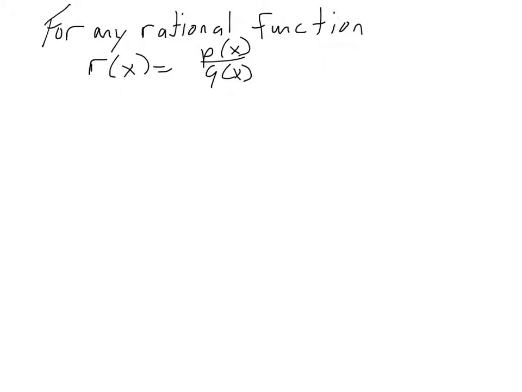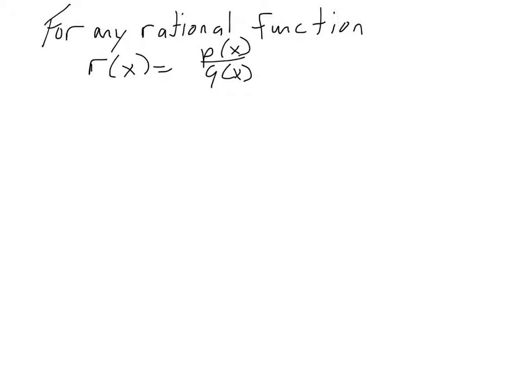Think about this. If p of x increases faster than q of x, what do you think is going to happen as we go to infinity? If the numerator is outgrowing the denominator, what's going to happen to the value of p of x over q of x? It's going to keep getting bigger. So it's just going to go off to infinity, right?